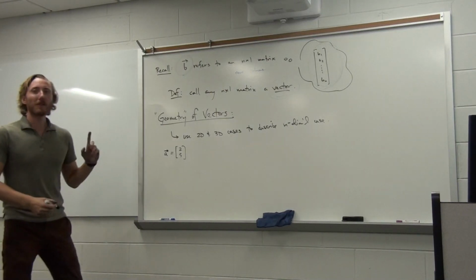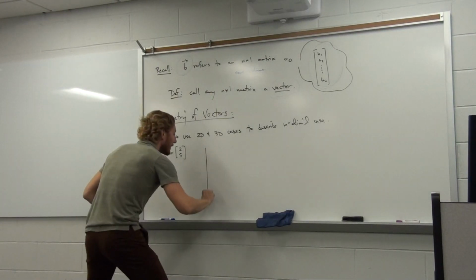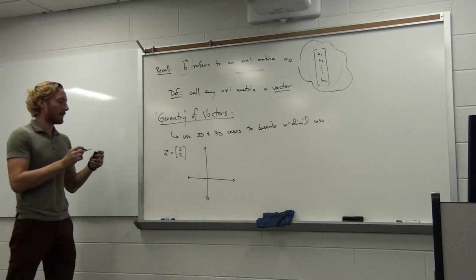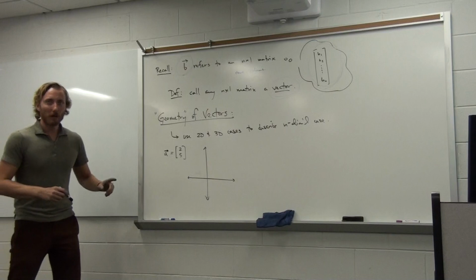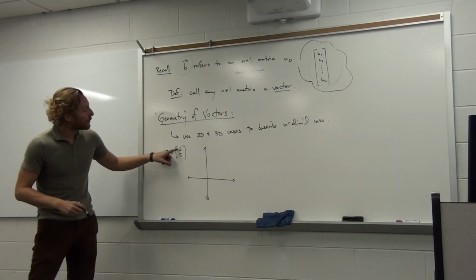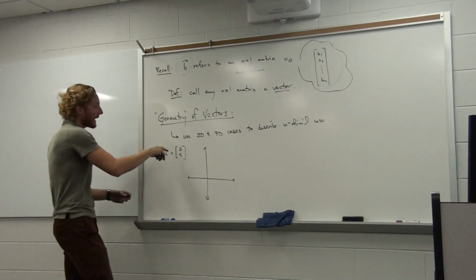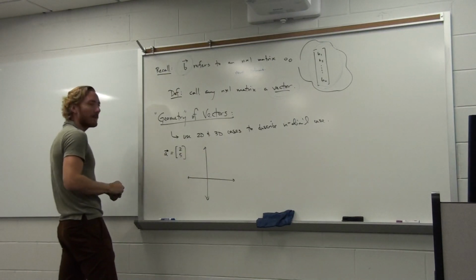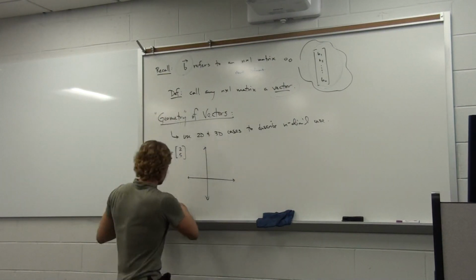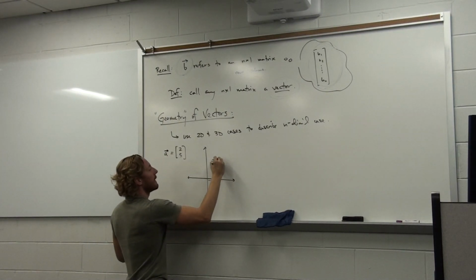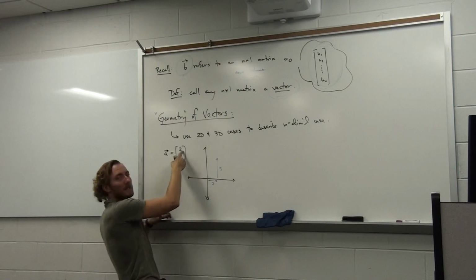To interpret this geometrically, I'm going to interpret it in the xy plane as an arrow that goes 2 units to the right and 5 units up. Why 2 units to the right?